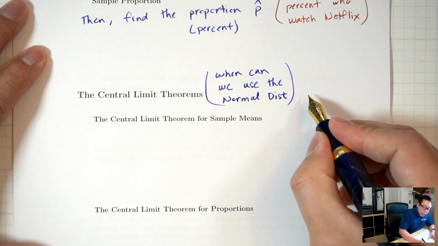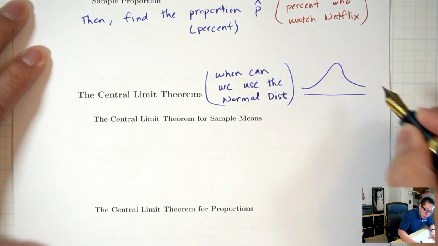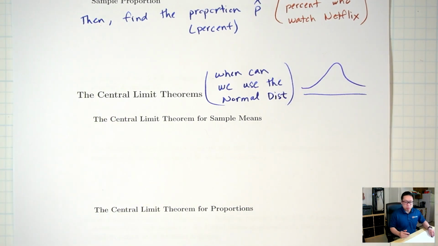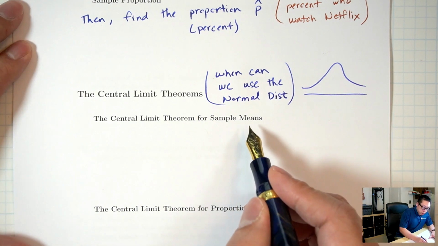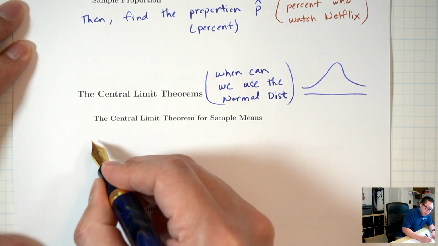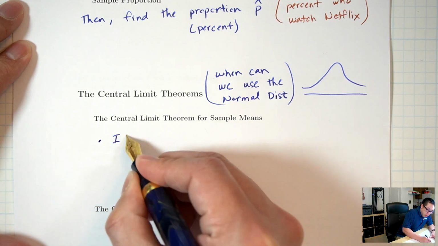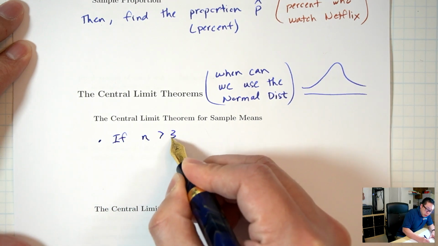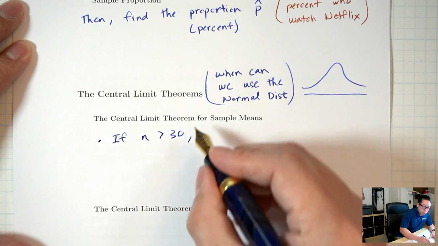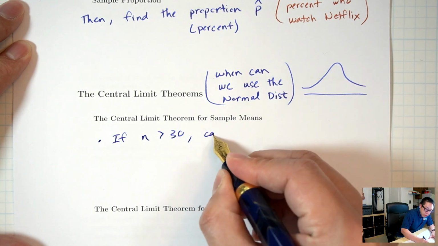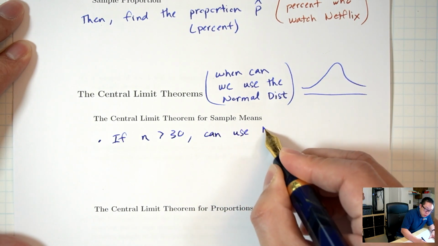In other words, when can I draw this picture that I've been drawing for the last 2 lectures? And when can I use P norm, Q norm? In the mean situation, we talked about this already. So in the mean situation, if the sample size is bigger than 30, then no questions asked, for sure, you can use the normal distribution.